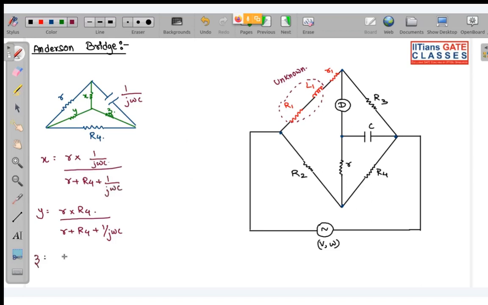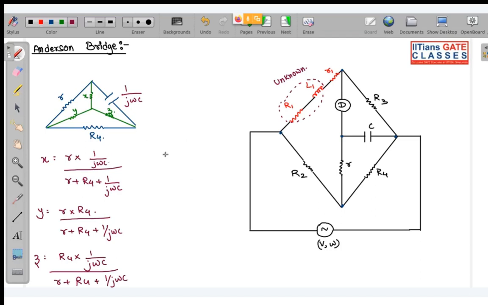Okay. Z is equal to what? Z is equal to R4 into 1 by j omega C divided by R plus R4 plus 1 by j omega C. Okay. So this is my value of Z.